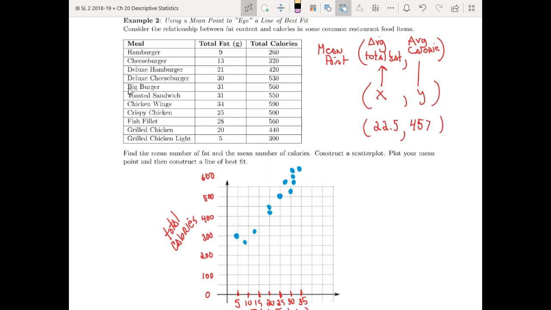All right, so we can see there, it looks like there's a positive correlation. Okay, now we're going to plot our mean point.